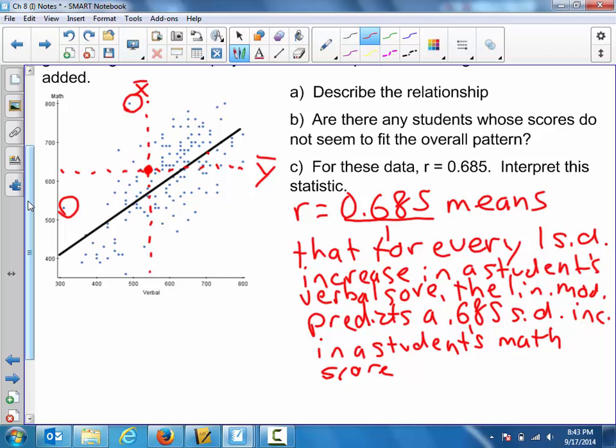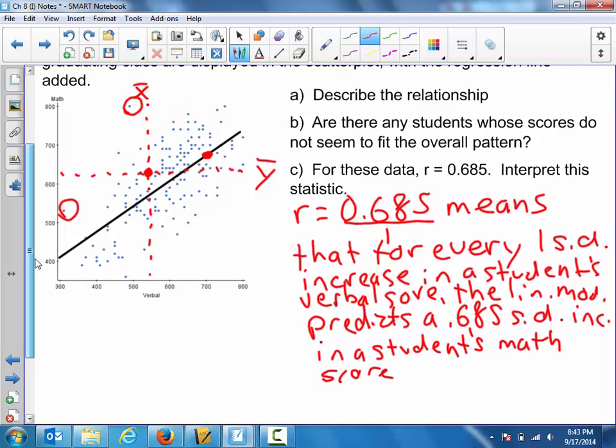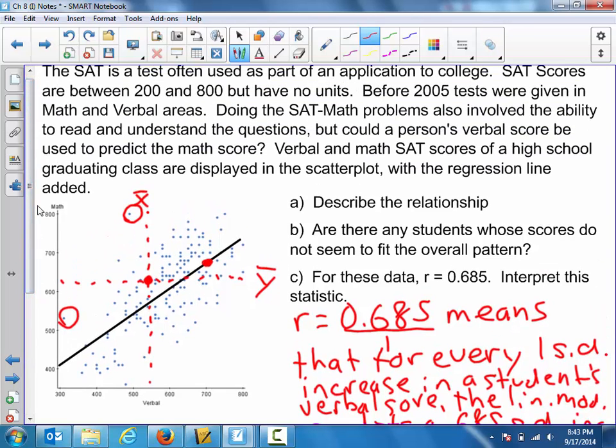Okay, now let me do one thing on the scatter plot that may have been helpful before this point. But, so what? I'll go ahead and do it now. Any of these points on this regression line are going to be some verbal score and a predicted math value. It is not necessarily a particular student's math value. It's just what the line is predicting for us.